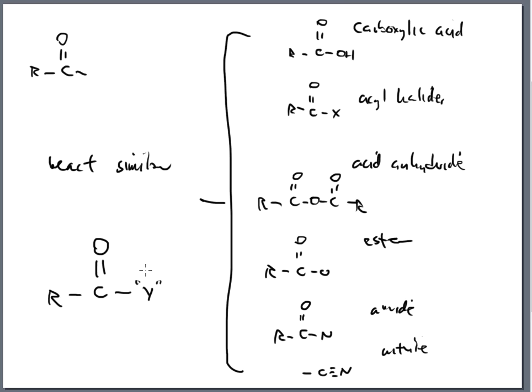Now, let's talk about mechanism. Let's talk about how this thing reacts and why it does what it does. If I look at the carbonyl group, the C double bond O, it is a very nasty relationship. Oxygen is electronegative. Oxygen wants and wants and wants in that relationship.